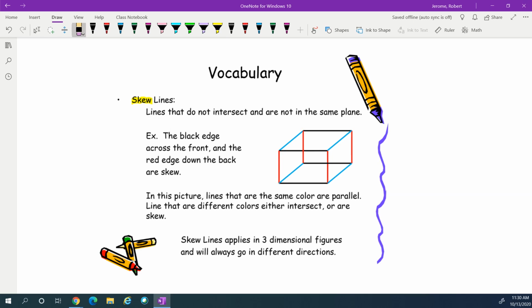All right, we can look at another example. We might have the top left edge going front to back, and maybe the vertical edge in the front here going up and down. Those would be skew. And then, of course, two lines that do intersect might be perpendicular because it's a box. It's made up of rectangles. So each corner is a 90-degree angle.